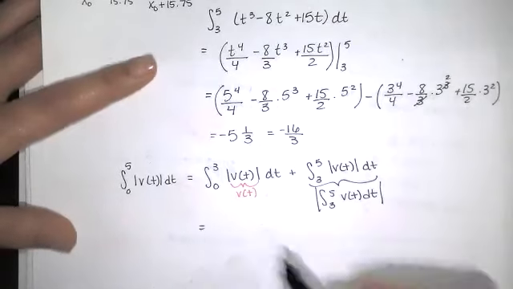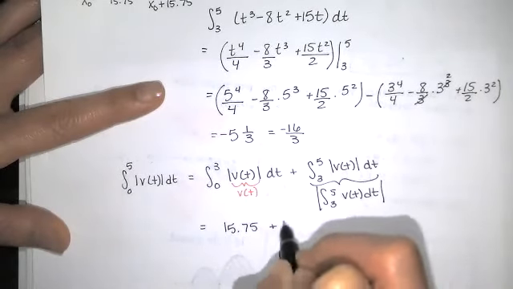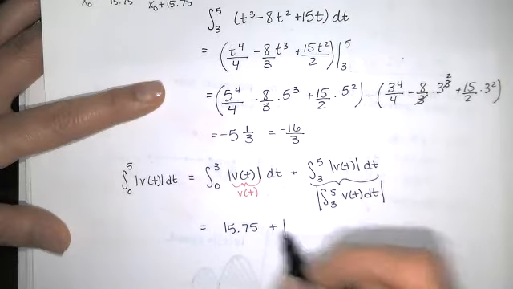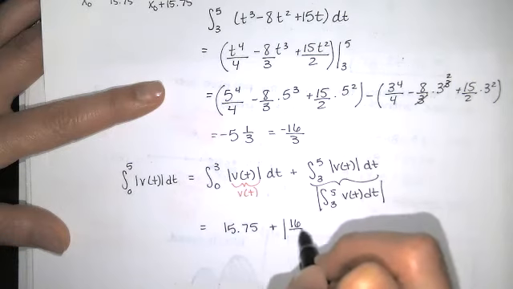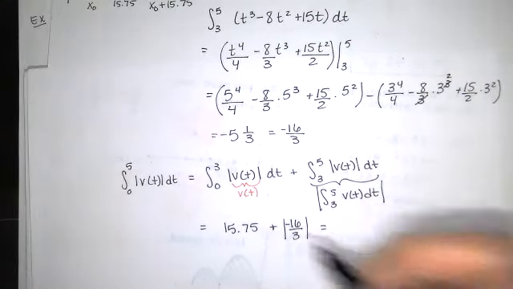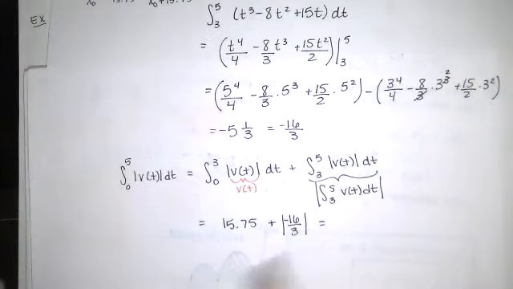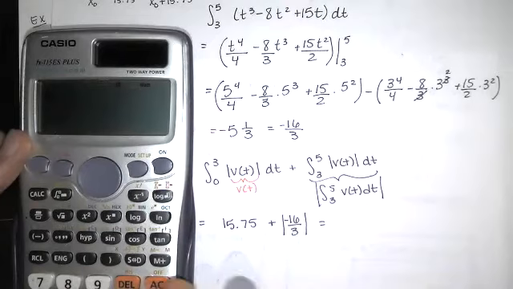So we've got 15.75 plus the absolute value of negative 5 1/3, or plus 16/3. The absolute value of that negative 16/3 is 16/3. Let's add them together.